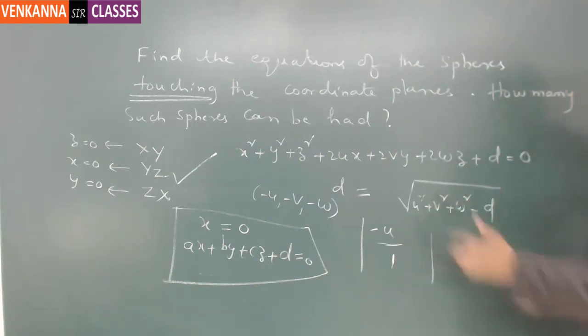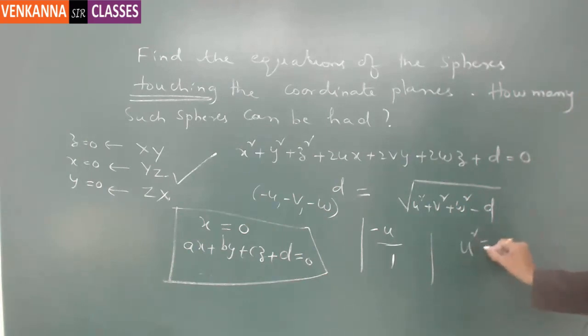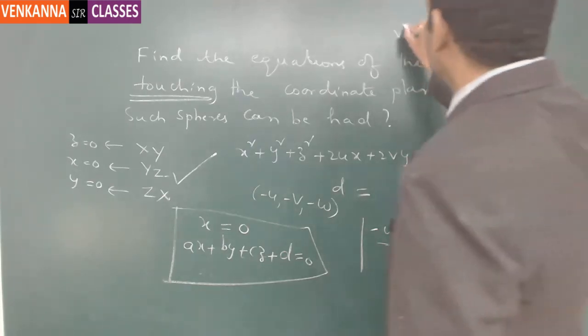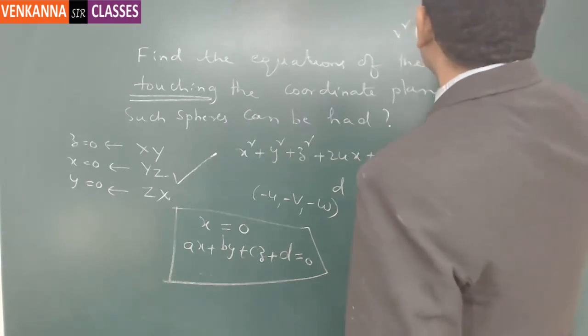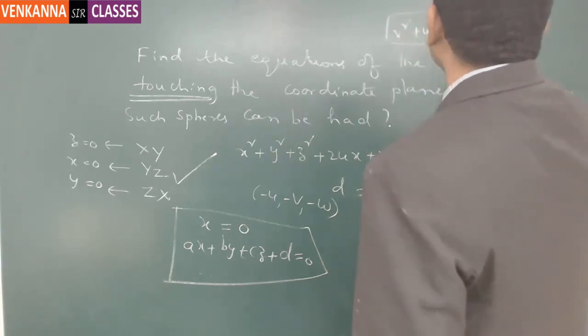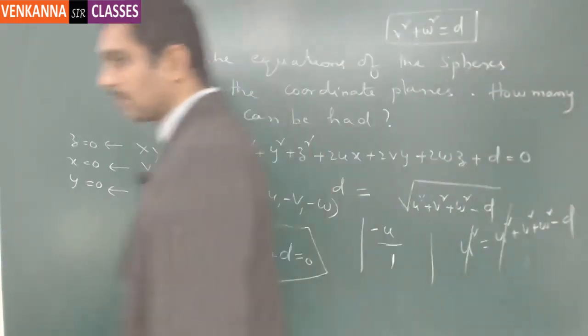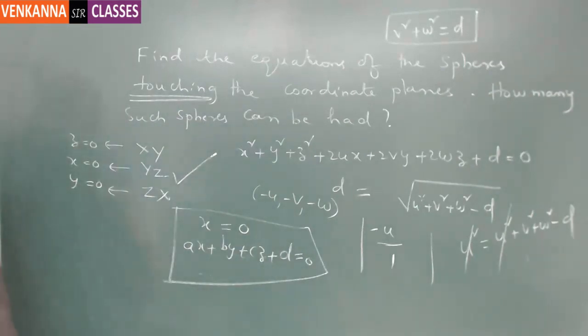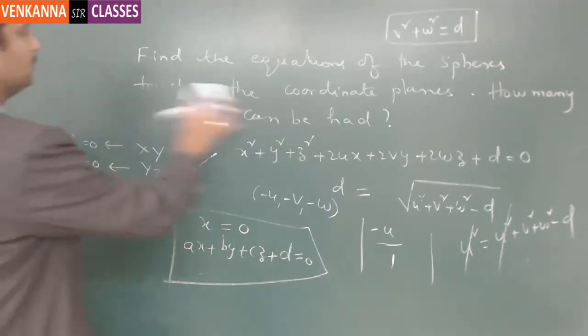Squaring on both sides, you get u square equal to u square plus v square plus w square minus d. U square gets cancelled. So you have v square plus w square is equal to d. All of you please note that.